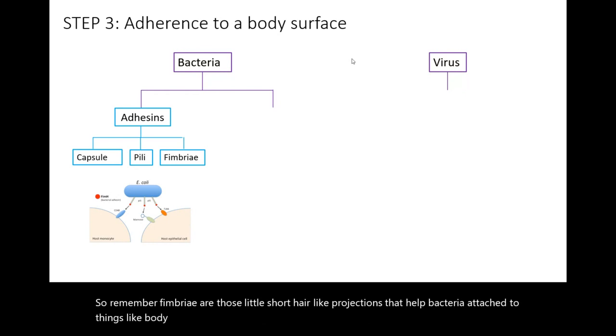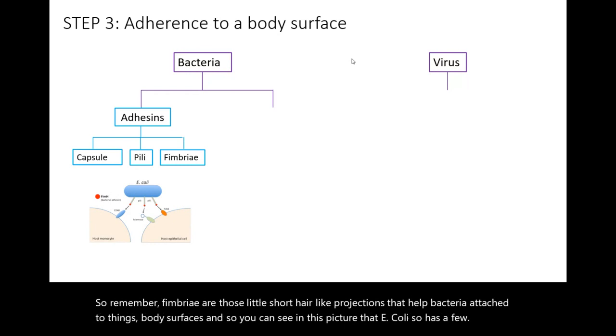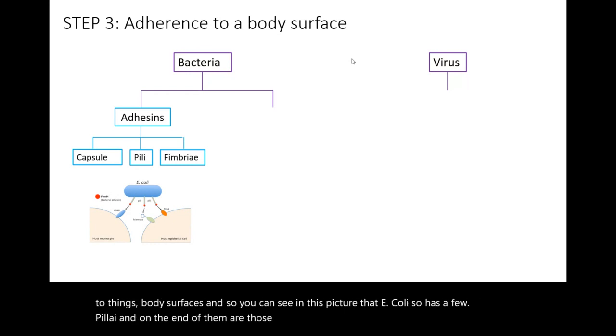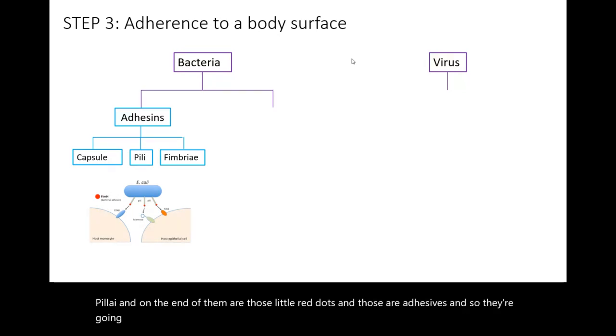And so you can see in this picture that the E. coli cell has a few pili, and on the end of them are those little red dots, and those are adhesins. And so they're going to allow the E. coli cell to adhere to those different receptors on the surface of the host cells.